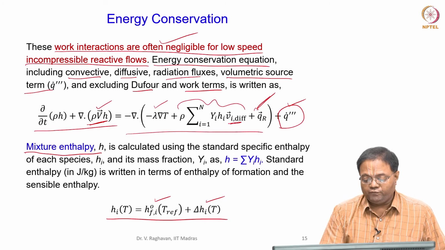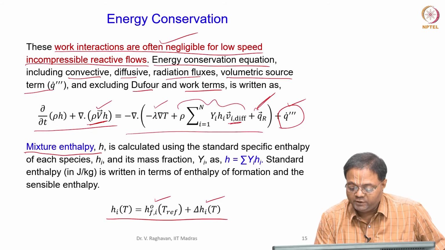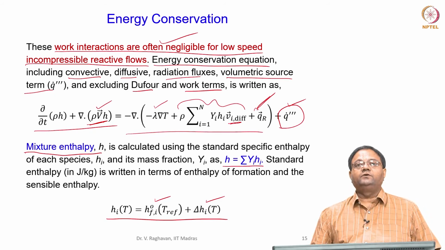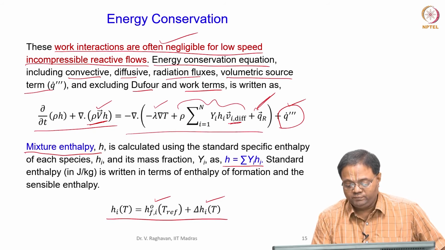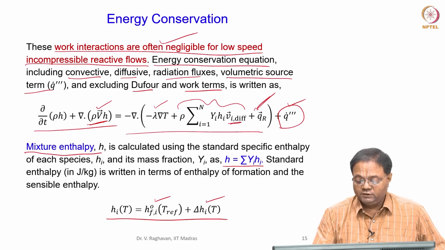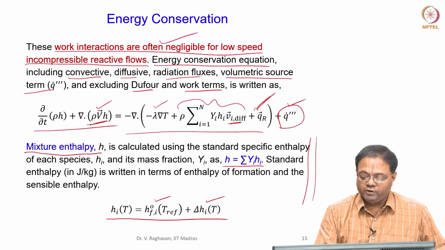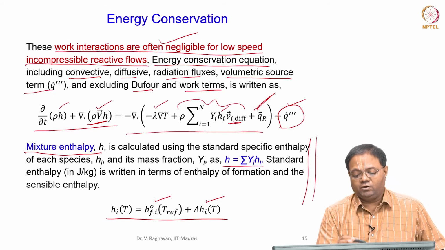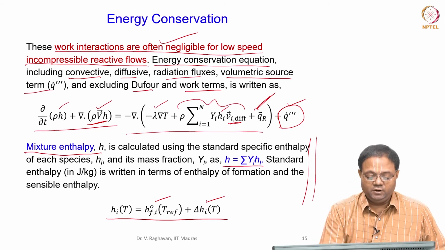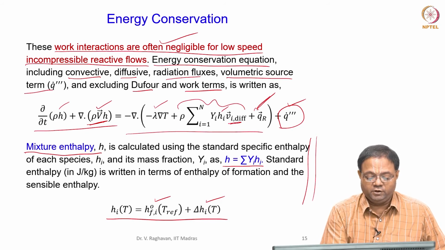You have to find this for all the species, and this should be on a mass basis, so that the mixture enthalpy can be calculated as the sum of the product of mass fraction of each species into its mass based specific enthalpy. Okay. So that is the total conservation. So you need the information about the enthalpy of each species plus the mixture enthalpy. So you have to calculate the thermal conductivity of the mixture. Then you can see that here you are calculating the density of the mixture and the enthalpy.